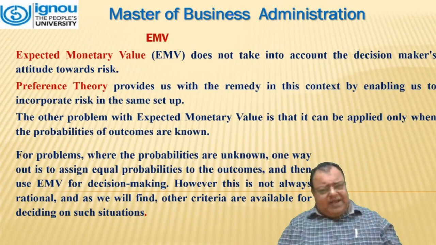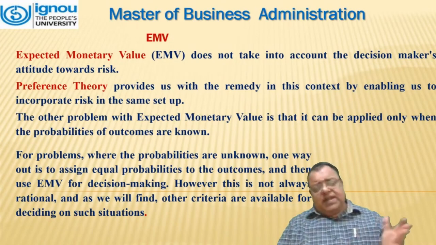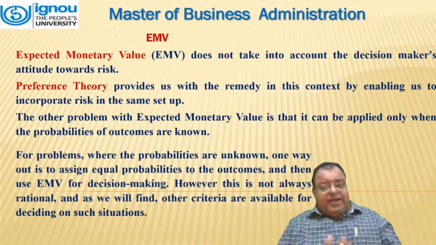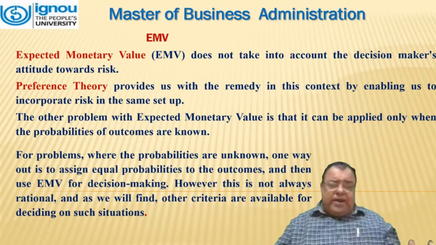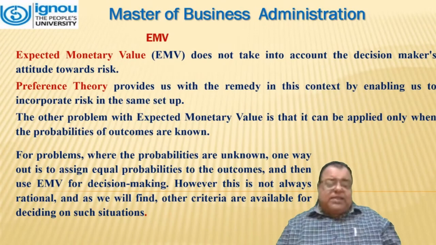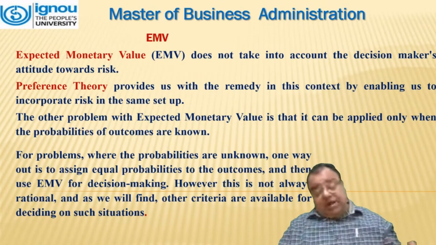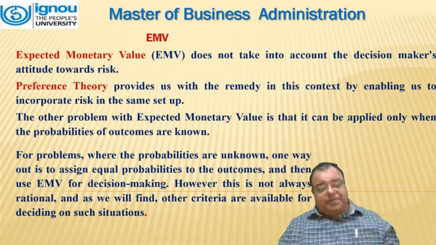This does not take into account the decision maker's attitude towards risk. Preference theory provides us with the remedy in this context by enabling us to incorporate risk in the same setup. The other problem with expected monetary value is that it can be applied only when the probabilities of outcomes are known.